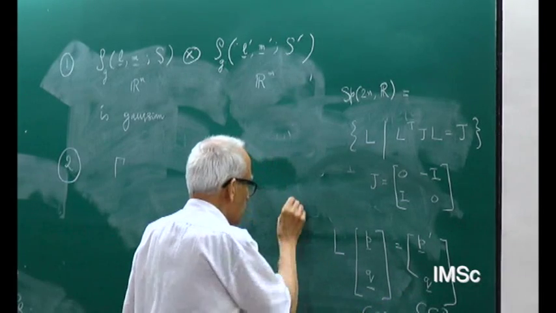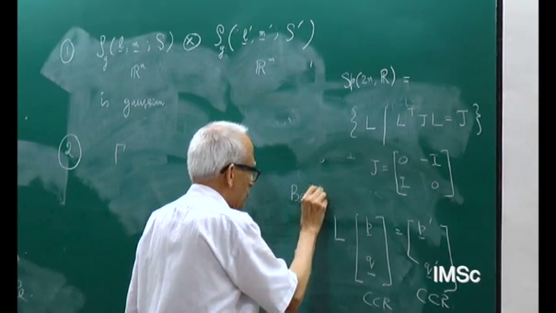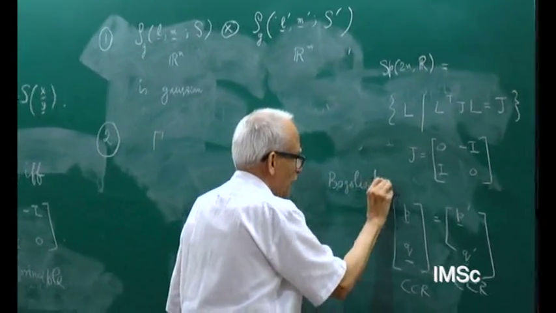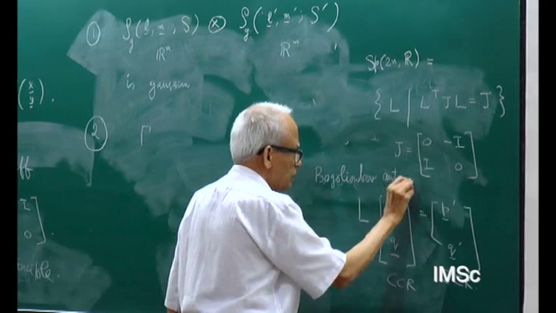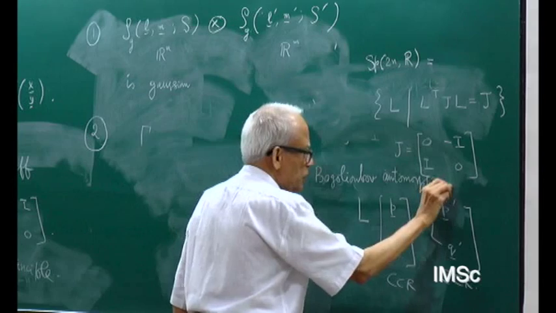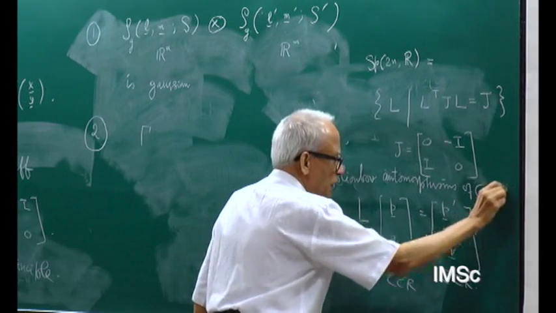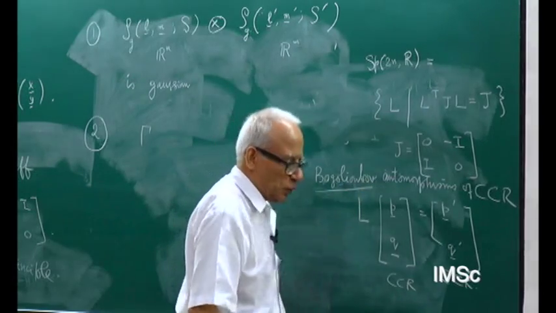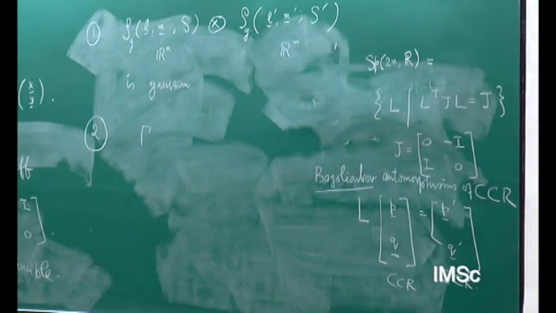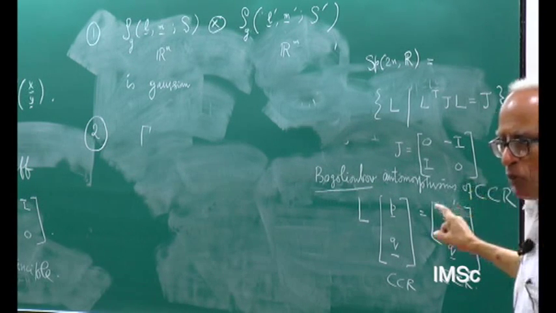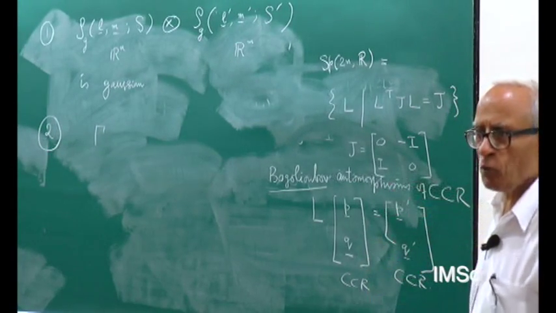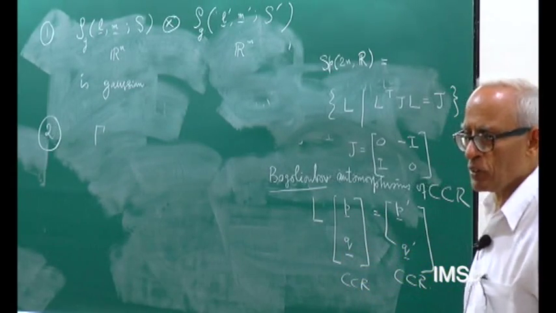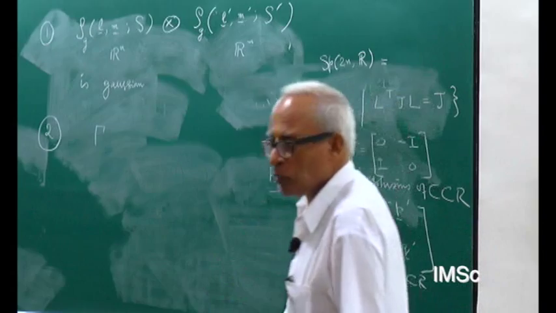They are also known as Bogoliubov symmetries, or Bogoliubov automorphisms of CCR. I like to mention this name for a peculiar reason. When I joined the Indian Statistical Institute in 1956, that was the silver jubilee year of the institute, there was a big celebration and Professor Bogoliubov came as a guest from the USSR Academy of Sciences.